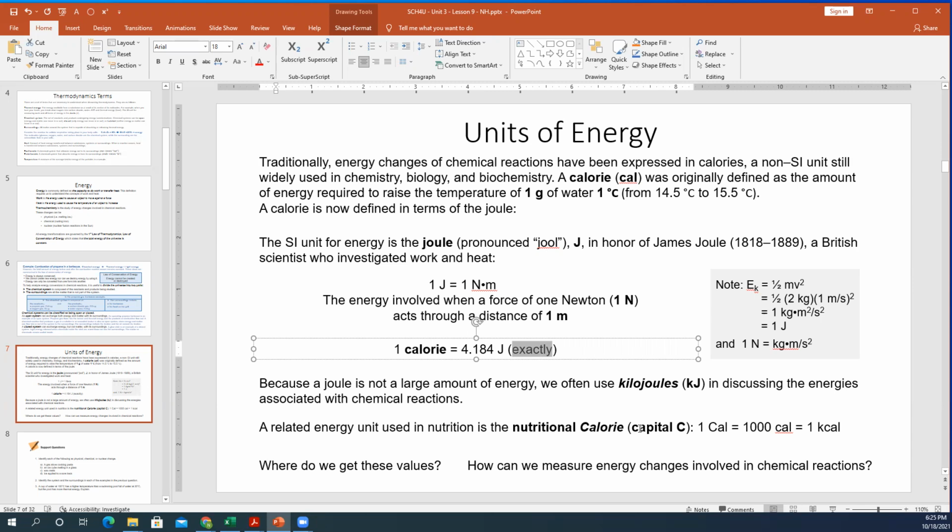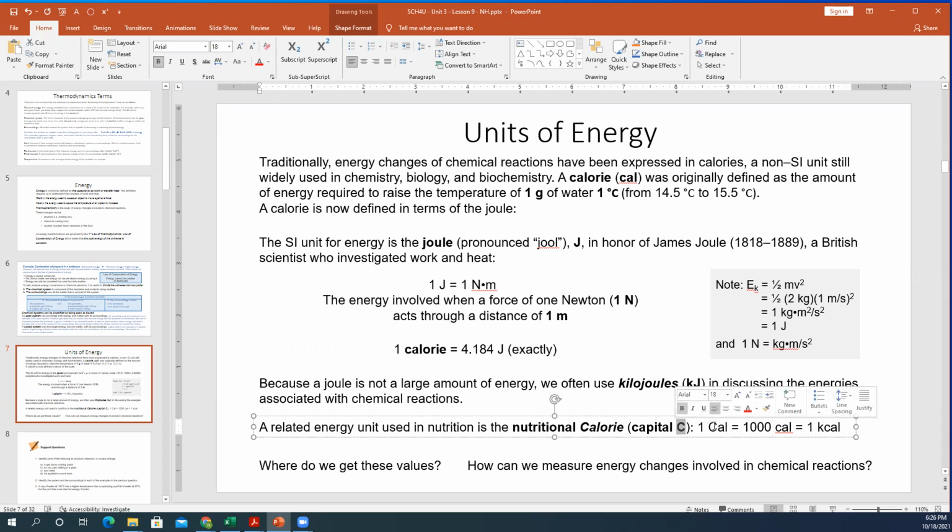And another related energy unit is used in nutrition, when you're looking at the back of your food and your drink or your chocolate bar or your candy, the nutritional value, that Calorie, which is written with a capital C, so uppercase C Cal versus lowercase c cal.